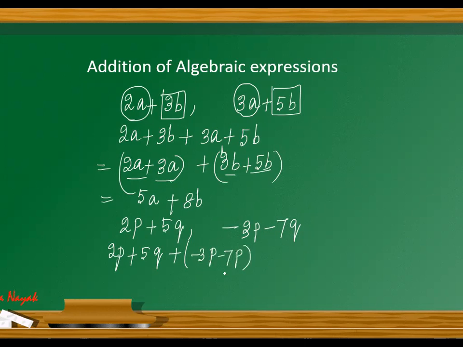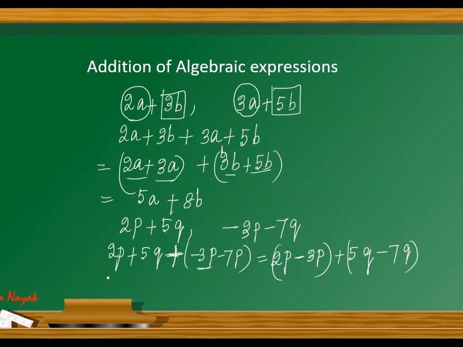This is very important: put a positive sign, and when there is a negative, you put a bracket, because 3 times of p has negative 3p. So 2p and negative 3p will be added, and 5q will be added to minus 7q.